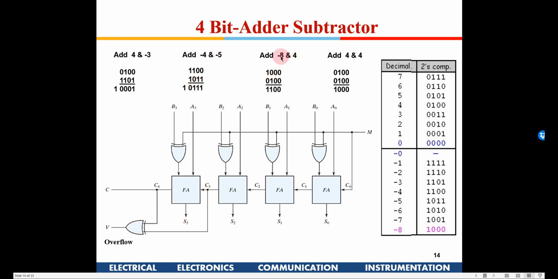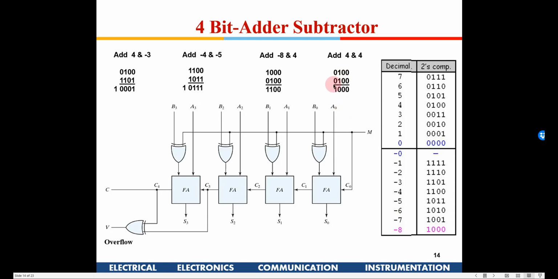Now I take one more example, minus 8 and 4. So this is minus 8, and then I add 4. So what is the answer I am getting? 1 1 0 0. So 1 1 0 0 is minus 4. This is also valid data, so no problem here. Now if you see here, 4 plus 4 cannot be represented in a 4-bit 2's complement system.